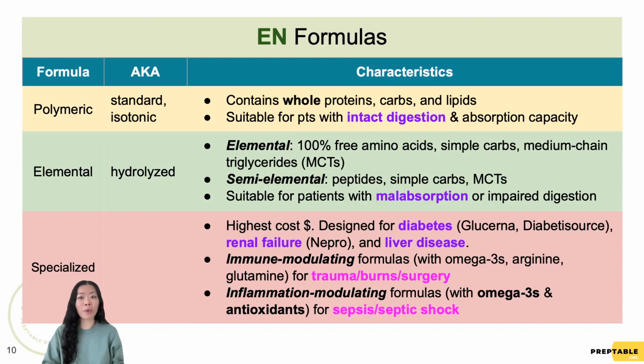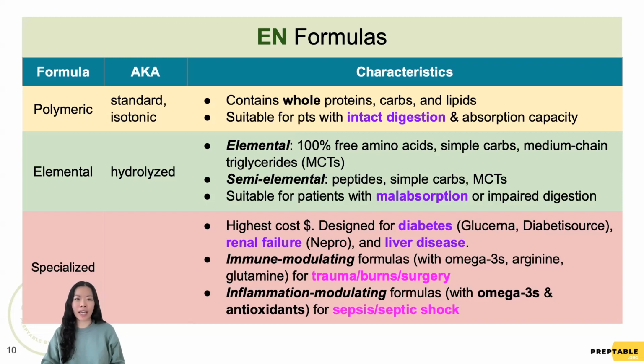Some formulas will be standard, such as Jevity 1.0 with 1 kcal per 1 milliliter, whereas higher kcal density formulas, such as Pivot 2.0, will have 2 kcal per milliliter. For the RD exam, you need to understand the difference between polymeric, elemental, and specialized formulas. Let's start with polymeric, also known as standard or isotonic formula.